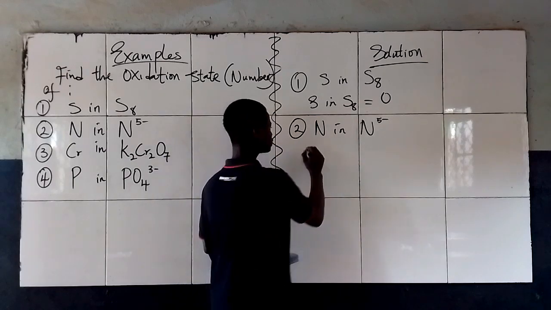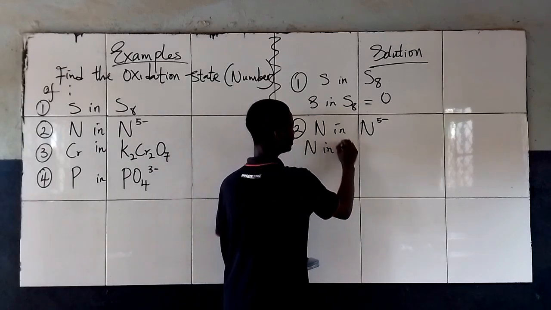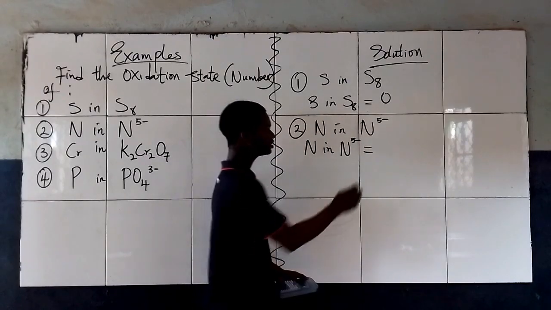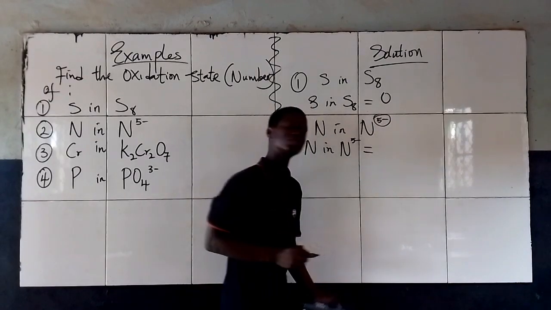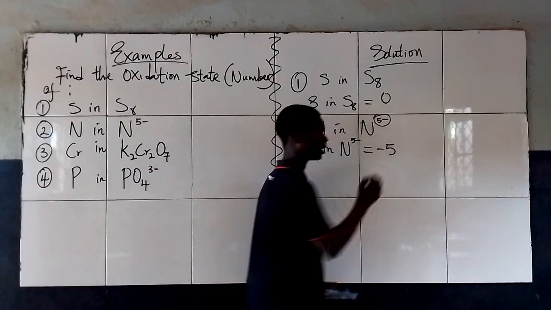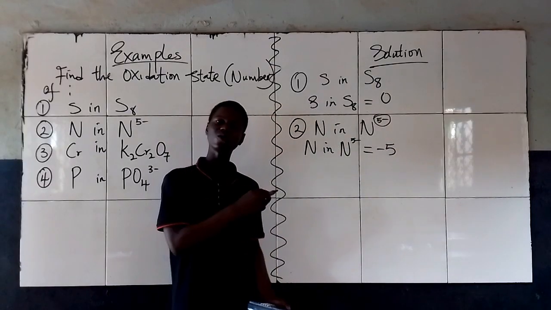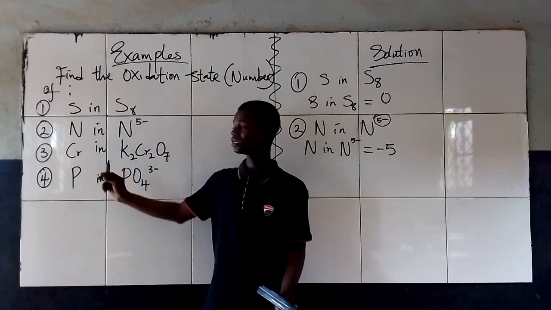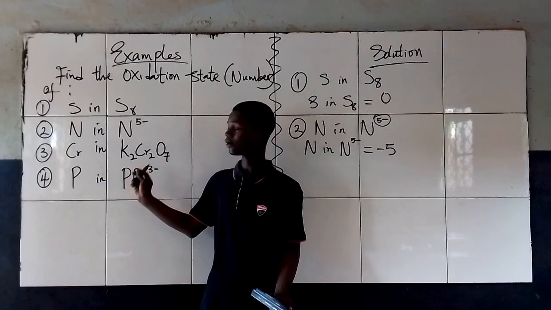So the oxidation state of nitrogen in N raised to power -5 is the charge. And what is the charge here? The charge is -5. You call the sign before the number. So the answer is -5.